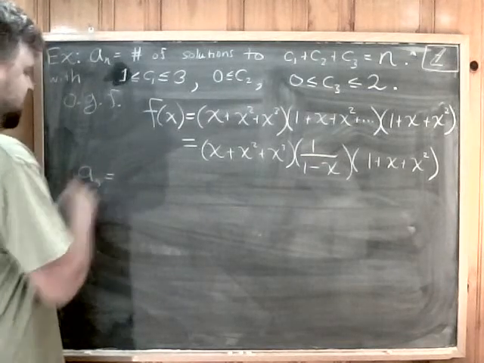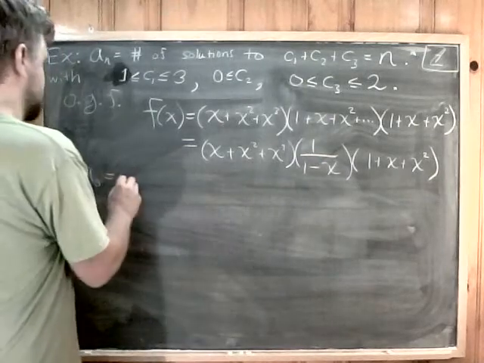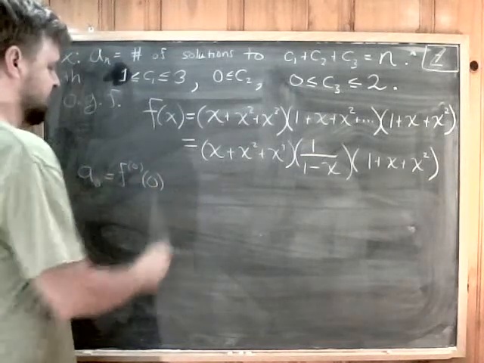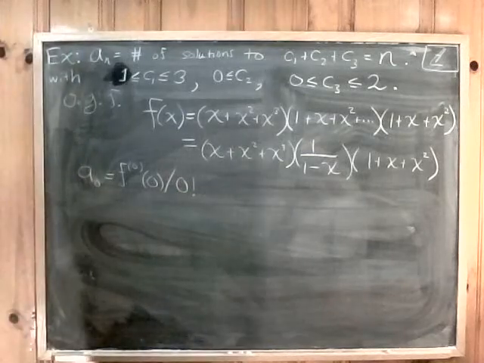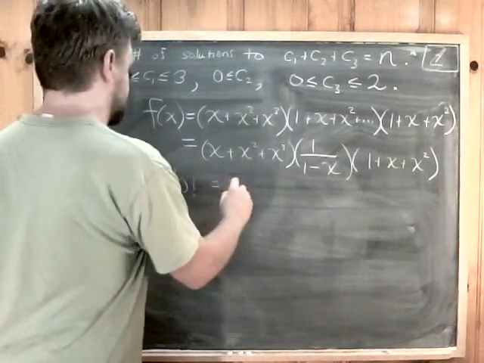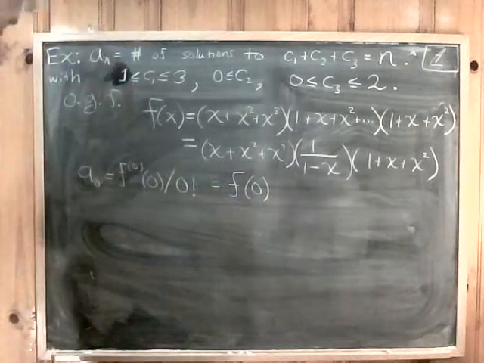Like a sub 0. So a sub 0 should be the 0th derivative at 0 divided by 0 factorial. And the 0th derivative is just the original function. And 0 factorial is defined as 1.